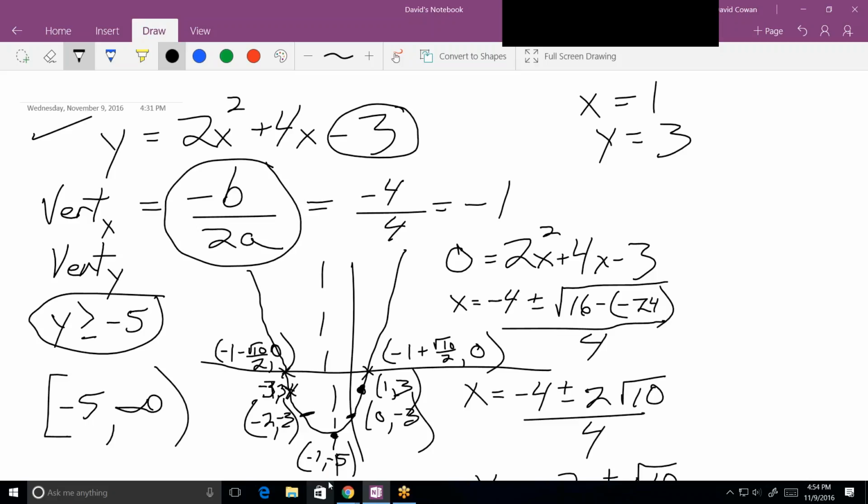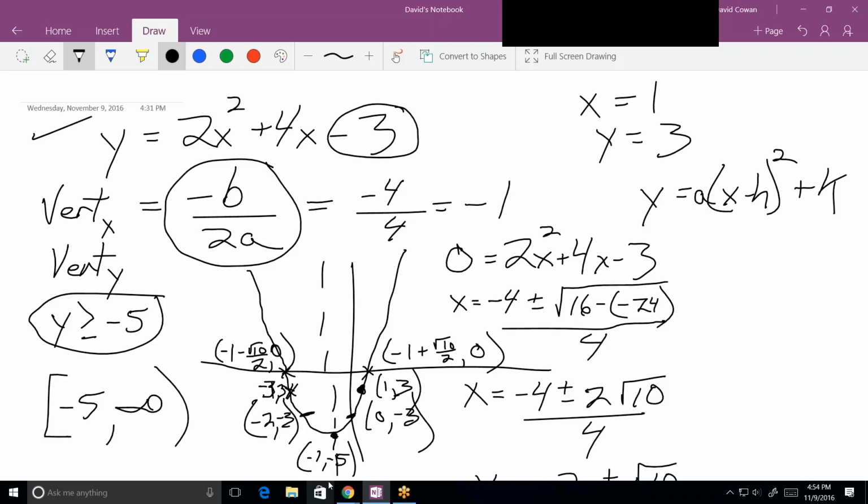The advantage of completing the square is you end up with it in vertex format, and then you can just read the vertex. Vertex format being y equals a times x minus h squared plus k. Once I get it in vertex format, I'm staring at h and k, which is the vertex.